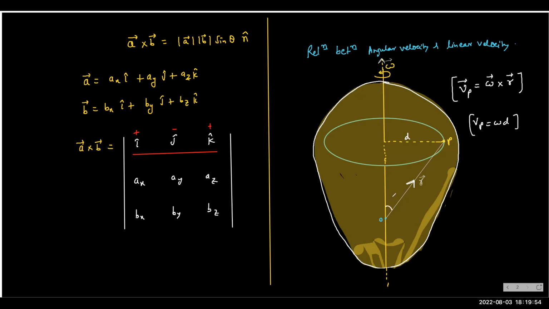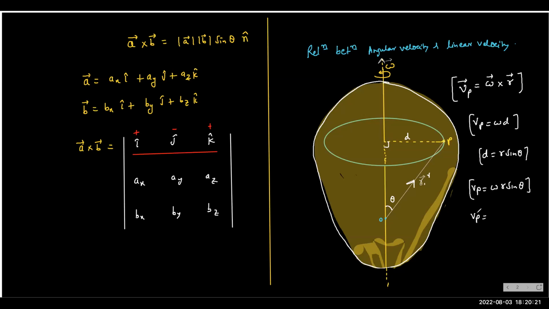So if I choose this angle as theta, can we write d as r sin theta? Can we say, guys, that d is r sin theta? Yes, sir. And therefore the velocity of the point P will become omega into r into sin theta.